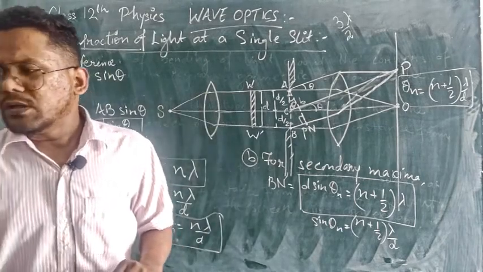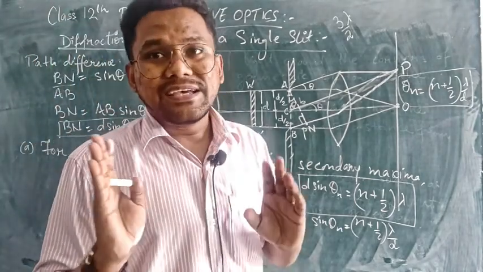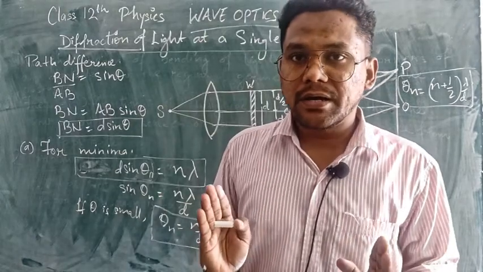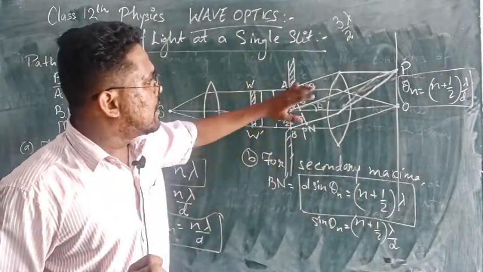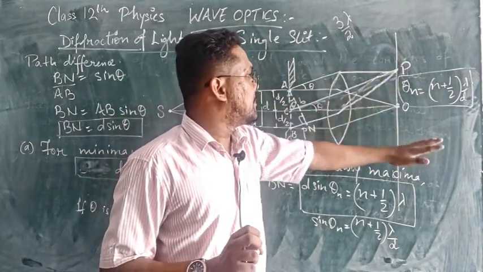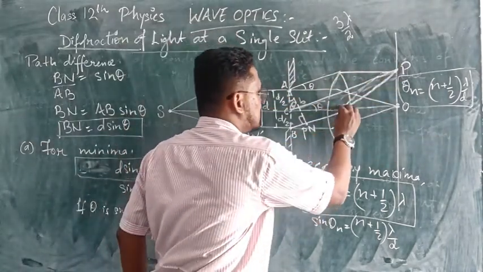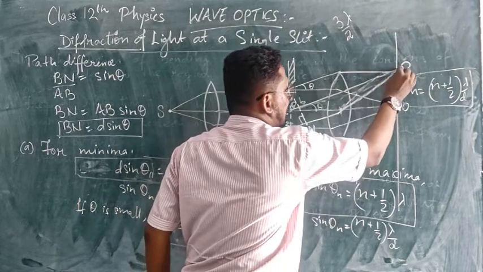Now one more thing we can find out is the width of central maxima. To find the width of central maxima, I am just considering this diagram, taking this triangle.